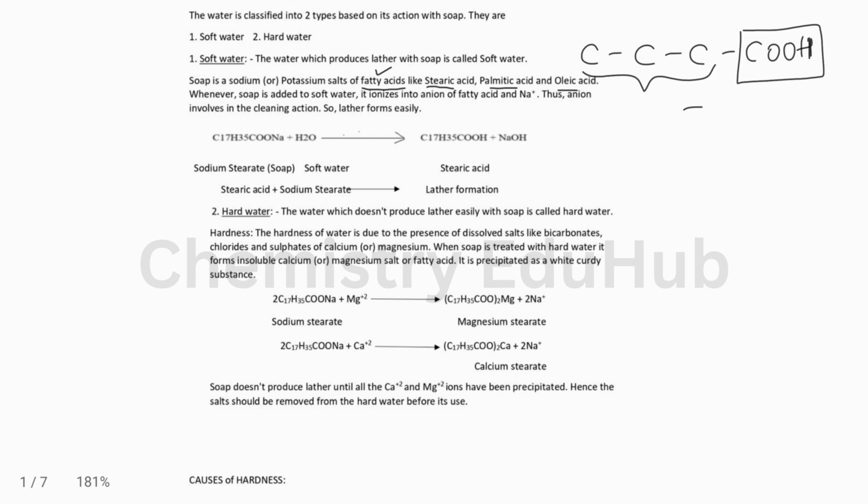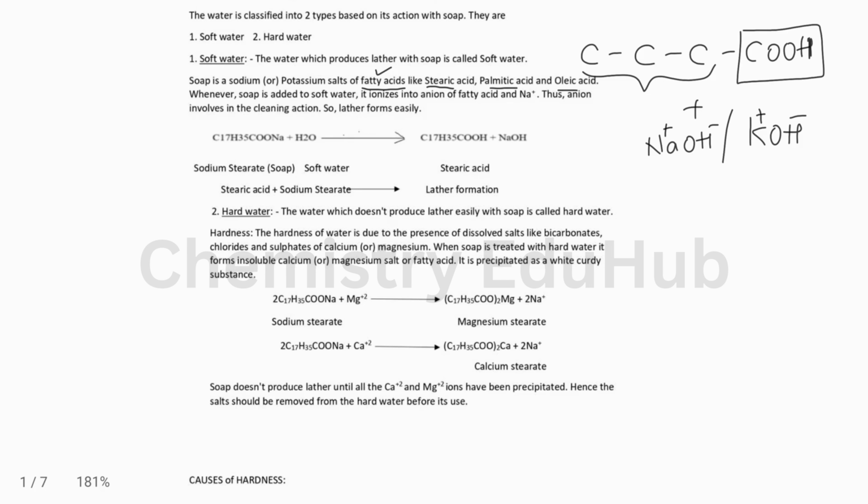Now whenever we treat these fatty acids with a strong base like sodium hydroxide or potassium hydroxide, there will be ionization taking place. What is ionization? NaOH can be split into Na+ and OH-. KOH can be split into K+ and OH-. And we also know that COOH is a polar molecule or polar functional group.